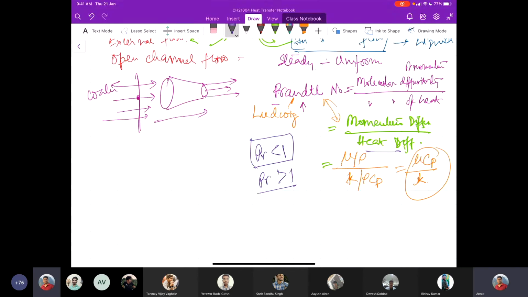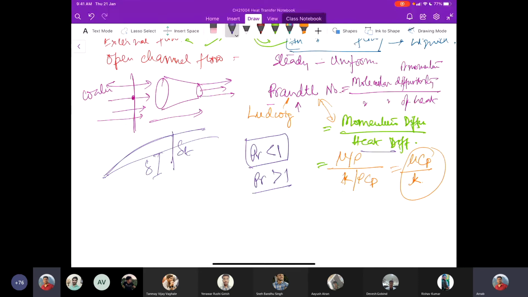So what will happen as a consequence? Thermal boundary layer, what would it be if heat diffuses quickly? Thicker. It would be thicker. If heat diffuses quickly, this thermal boundary layer and your hydrodynamic boundary layer, which one will be much thicker than the other if Prandtl number is lesser than 1?